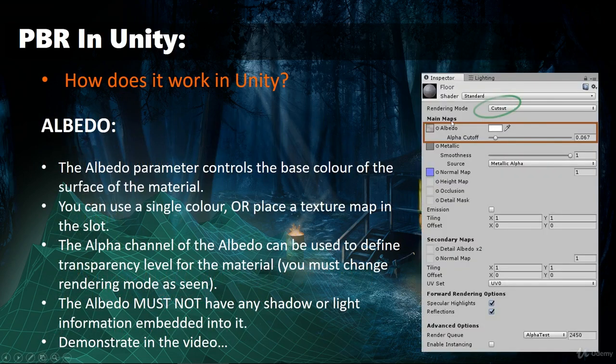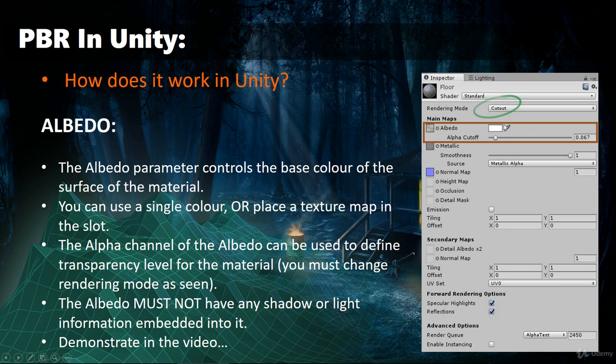And this is the albedo slot here. The albedo parameter or slot, whatever you want to call it, controls the base color of the surface material. That's it, just the color. You can either use a single color, which goes in here, and in a moment I'm going to go through this with you literally inside Unity, and you can see it happening.